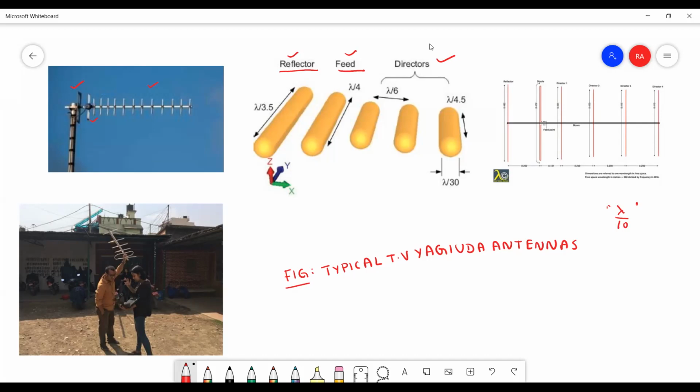So in practical dimensions, the length of the reflector is 500 divided by the frequency in megahertz.